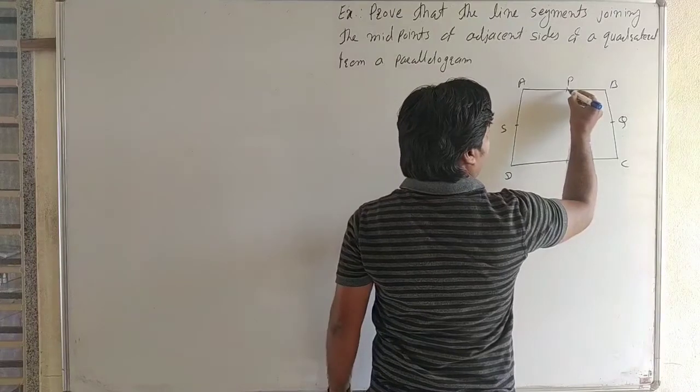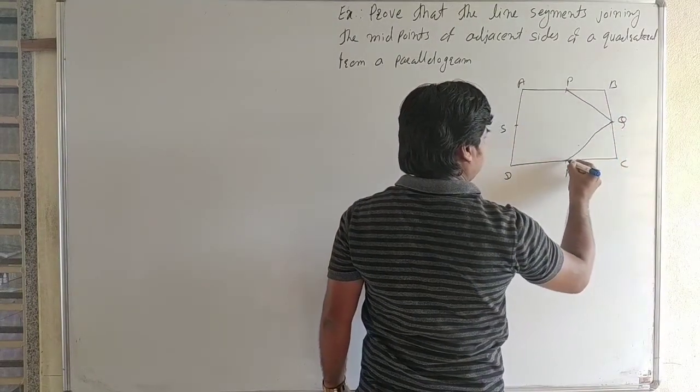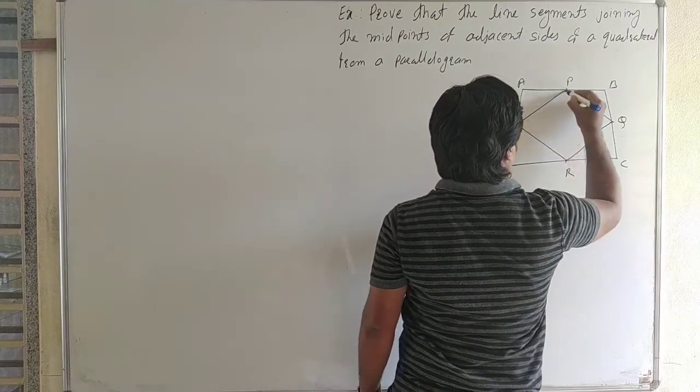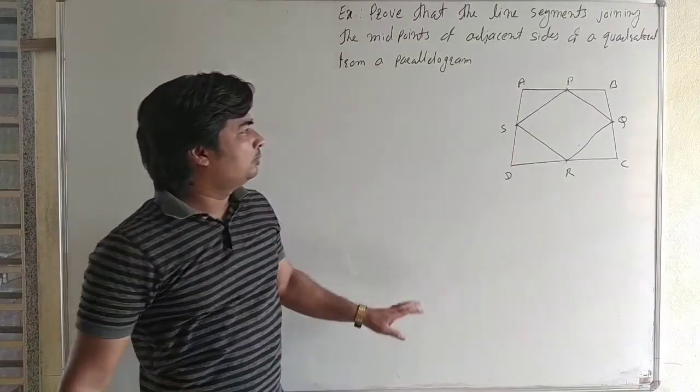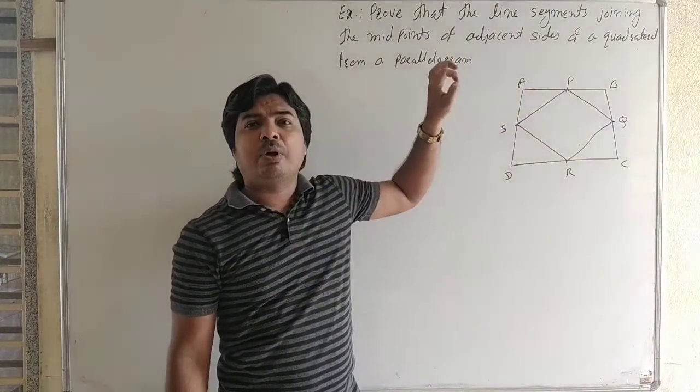Therefore we join the midpoints of adjacent sides. Here we have to prove the quadrilateral PQRS is a parallelogram.